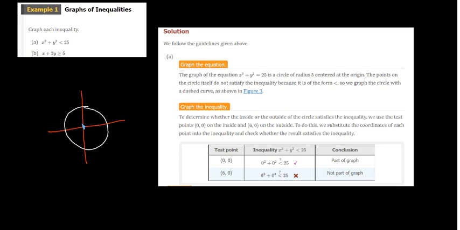When we plug in 6 for x, we get 6 squared is 36, and 0 for y is just 0. 36 is not less than 25. So we would obviously have just stopped at shading the area inside the circle, because the inequality on the outside is a false statement.